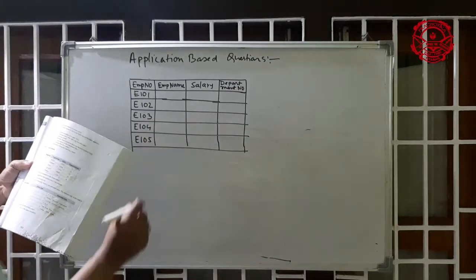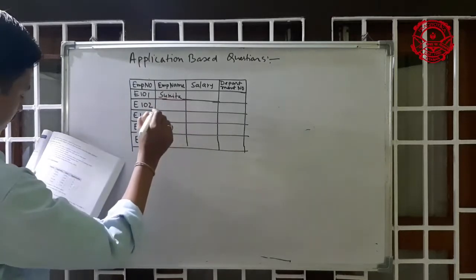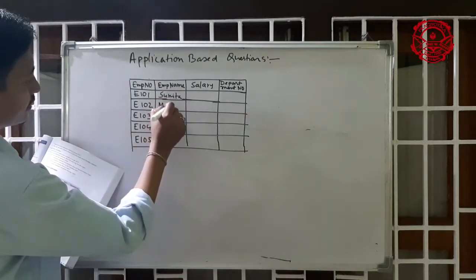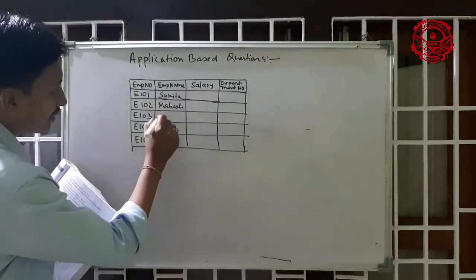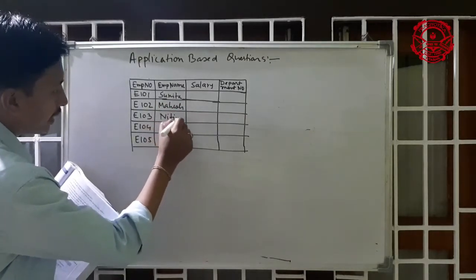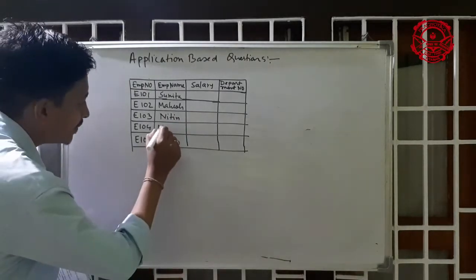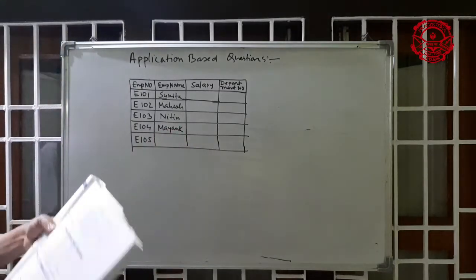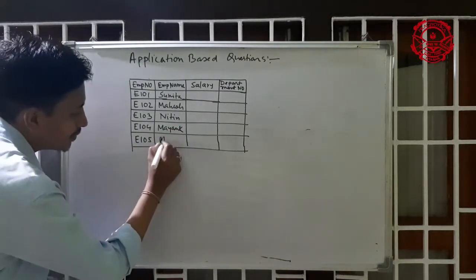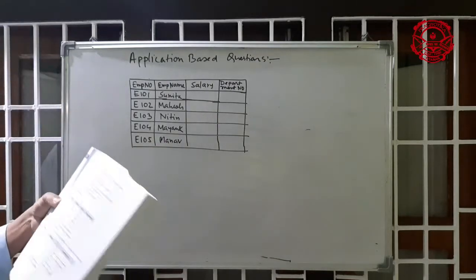Employee names: Sunita, Mahesh, Nitin, Mayank. Then the last one is Manav. Okay, these are the employee names.